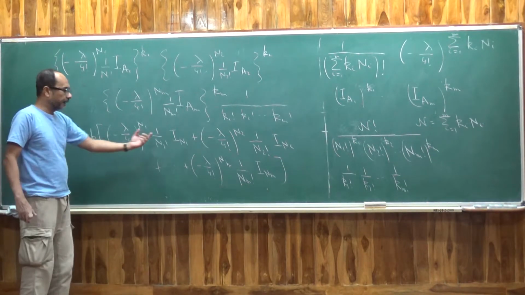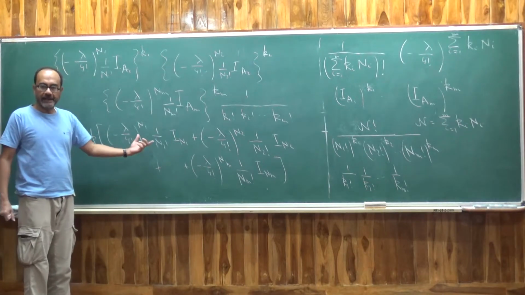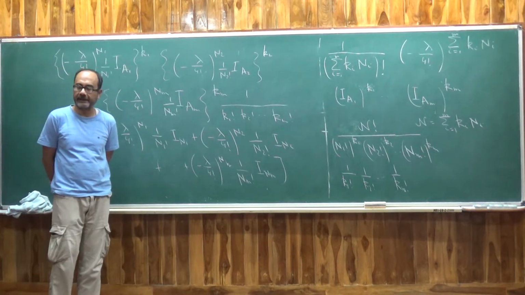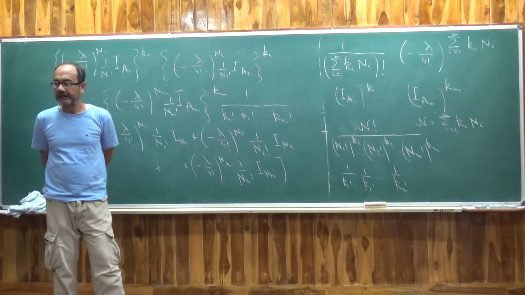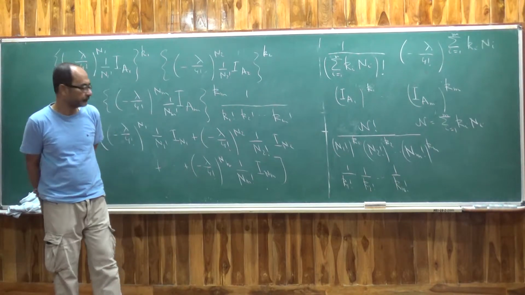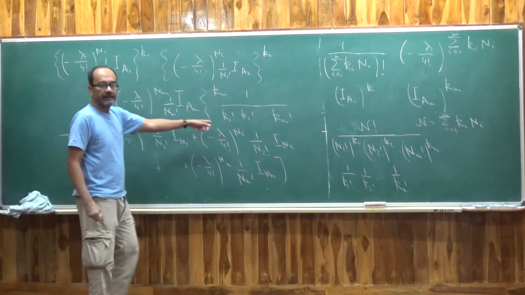So when you pick up the cross terms, that 1 over k factorial cancels out. Just like when you expand exponential of a1 plus a2, the coefficient of the a1 a2 term doesn't have a half. The coefficient of a1 squared has a half, the coefficient of a2 squared has a half, but the coefficient of a1 a2 is just 1. So this is the correct count.